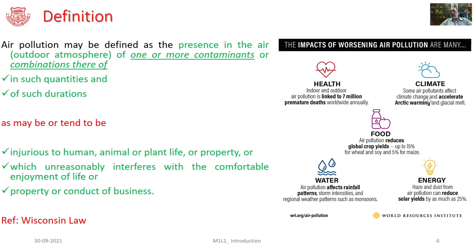There are air pollutants which are affecting the climate as a whole, and the change associated with that is very harmful. The effect of air pollution is also associated with global crop yields. There is a considerable reduction in crops like wheat, soya, and maize.